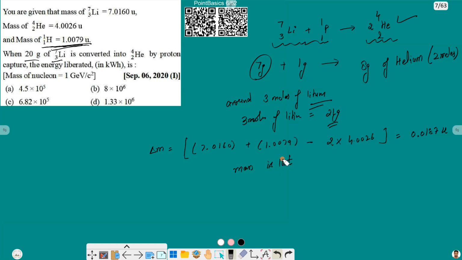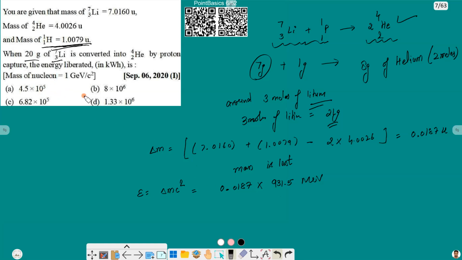So we can calculate that energy will be equal to mc square. So it will be 0.0187, as it is given in atomic mass unit, so we can multiply it directly by 931.5, and this answer will be in MeV, mega electron volt.